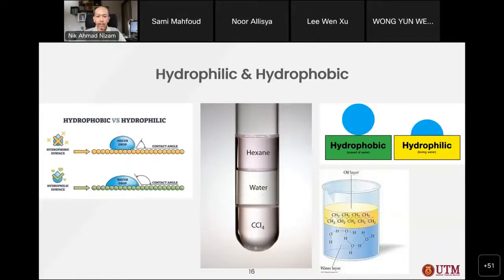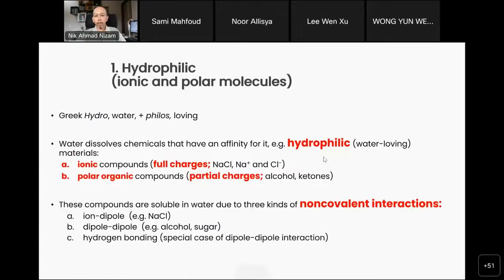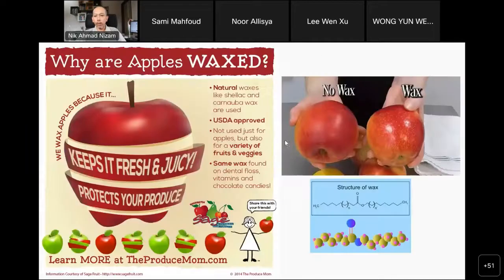So the surface will prevent water from interacting with the skin of the apple, and then after that interacting with the inside of the apple. So that's why we put it first.